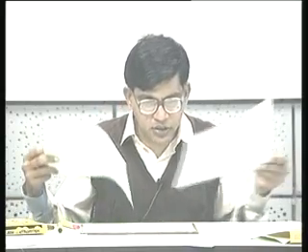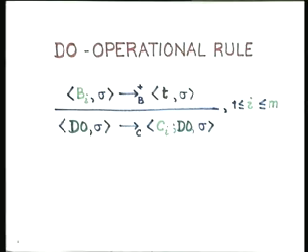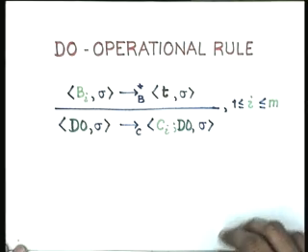So the rule for the loop is very similar to our while loop, and it just tells you that as long as some bi is true, you execute the body and repeat the loop. And of course, in the case of the do, there is no question of an error, you have to exit from the loop.